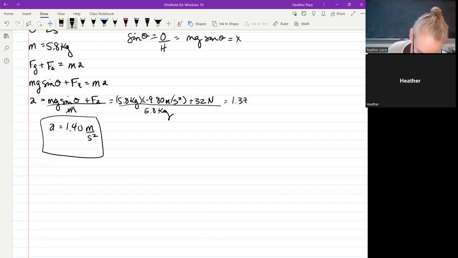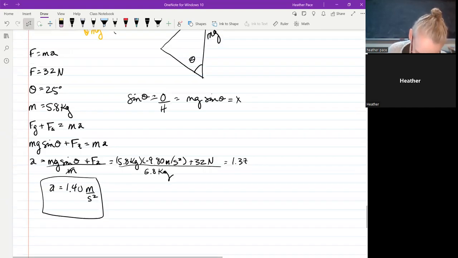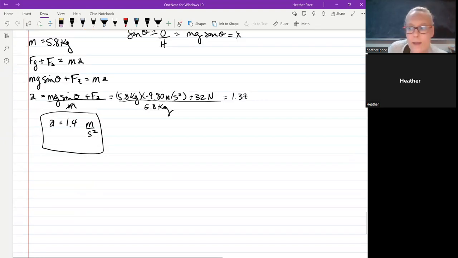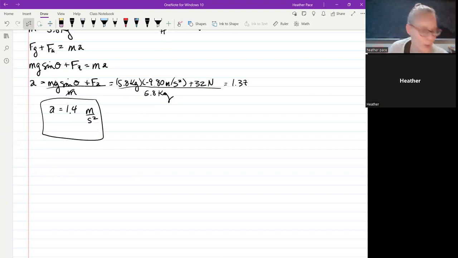All right, so there's our answer. So B, oh, this is friction again, right? Oh yeah, we're just solving for it. Okay, 25. Moving right along.